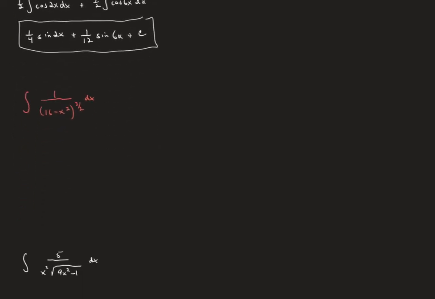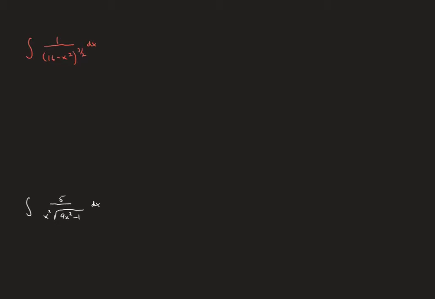So next we're going to switch to this, which is going to require a trig substitution. So if we think about how we're going to label our triangle, I think this is always the trickiest part. Since we can think of that as being 1 over the square root of 16 minus x squared to the third.